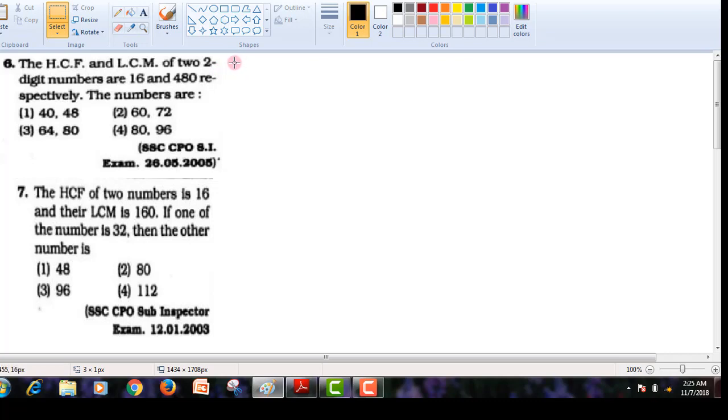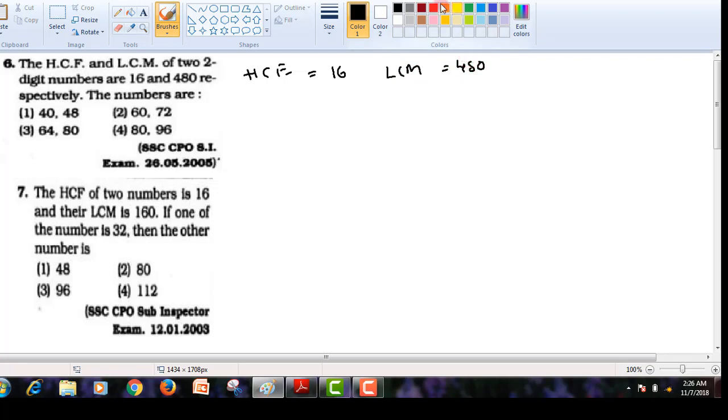If you observe the sixth problem, they have given the HCF as 16 and the LCM as 480, and we have to find the numbers.